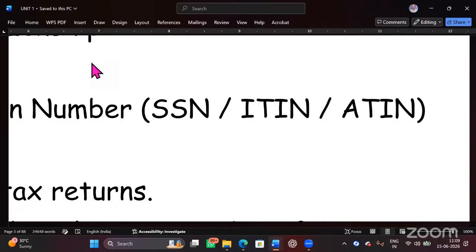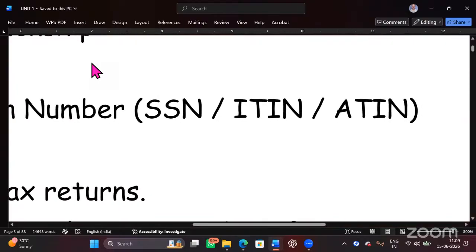Now coming to the ATIN, Adopted Taxpayer Identification Number. Suppose a wife and husband are residing in the US, citizens of the US. They want to adopt one child from either the US or from outside the US, no problem. They are following the legal procedure and formalities, they brought that child to their home and are spending on that child from their own pocket.